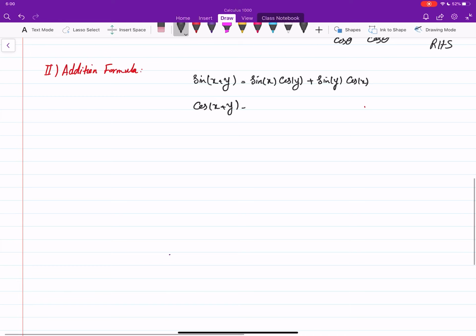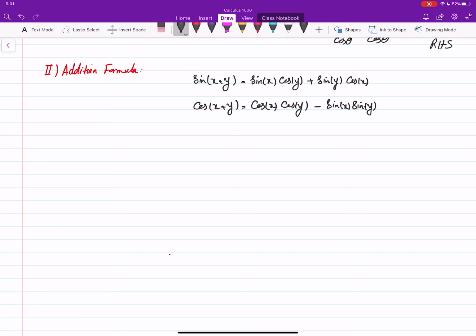And there is a formula for cosine. When you have cosine of x plus y, this is equal to cosine x cosine y minus sine x sine y. You have to see the differences here, what is happening. These are completely different things for sine and cosine.